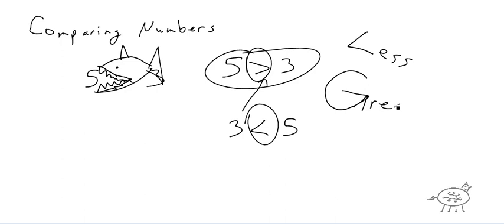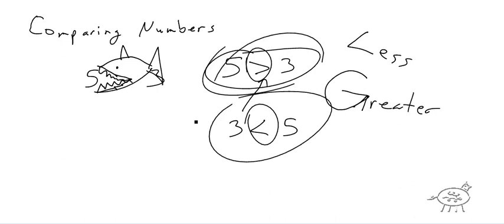Greater, G-R-E-A-T, greater. So there it is. L is less than, and greater is the other way, pointing to the right. So there are two ways to do that. 5 is greater than 3, or 3 is less than 5. However you want to learn the symbol, that's writing it twice.